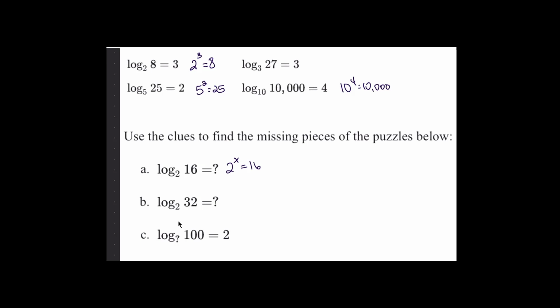Right. So we got to figure out what x is going to be, though. 2 times 2 is 4. Watch this. 4 times 4 is 16. Check it out, right? So is 2 to the 4th 16? Absolutely is.